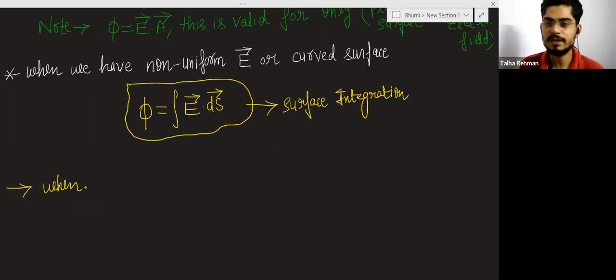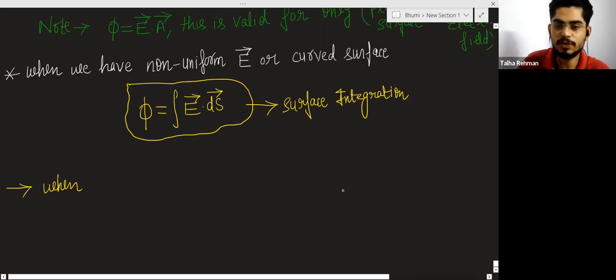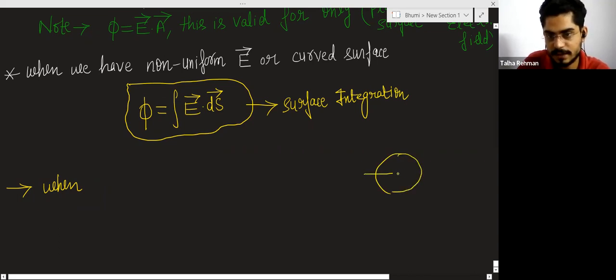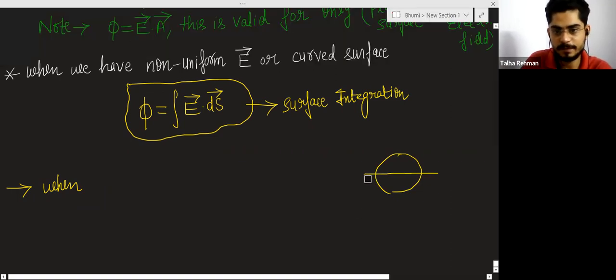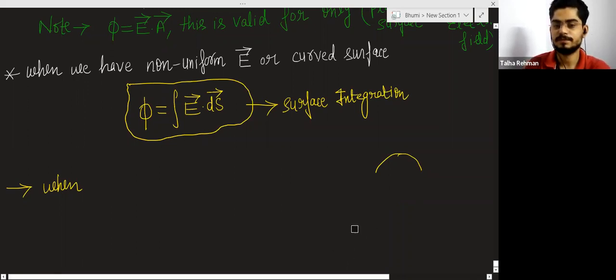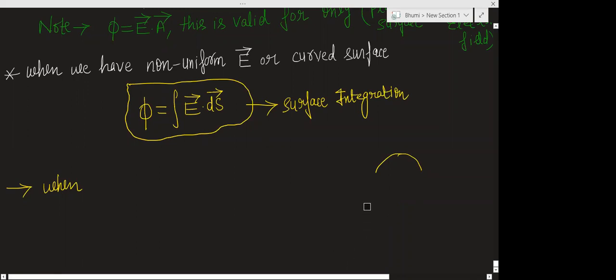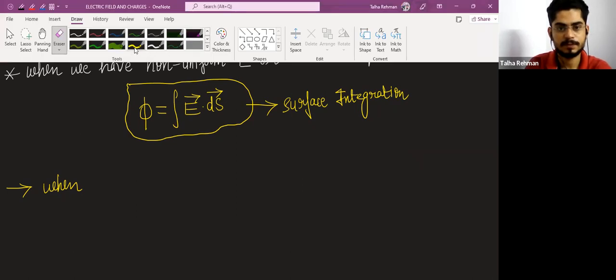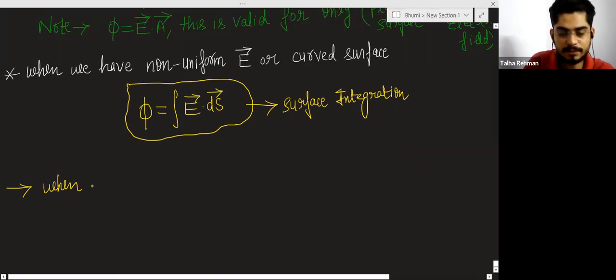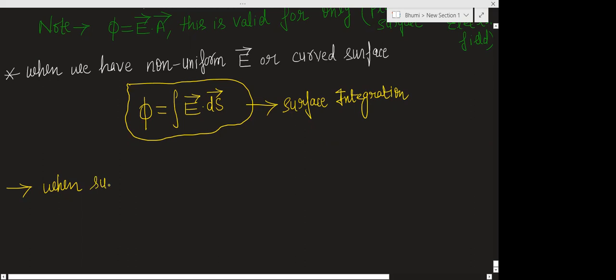We have a hollow sphere, and I have cut the hollow sphere from here. So the remaining surface will be a closed surface or an open surface? Open. Very good. So you know what closed and open are.